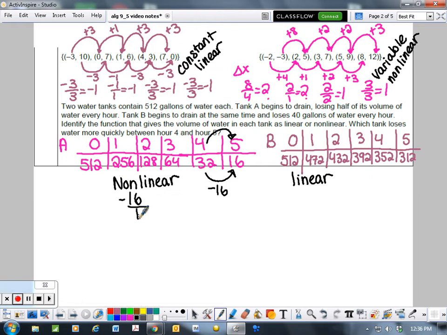So that is 16 gallons in 1 hour in that one span of time. Here we lost 40 gallons in 1 hour. So based on the question, which one lost water more quickly in just that 1 hour? And that would be tank B.